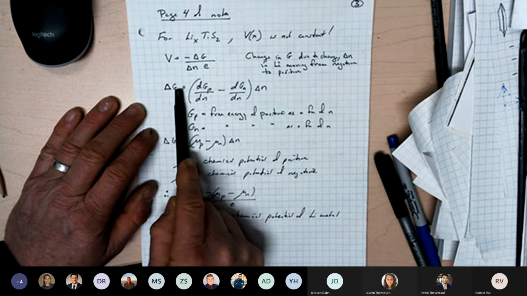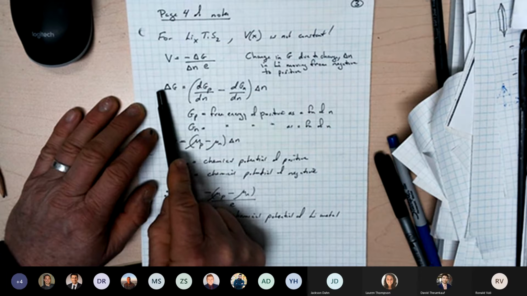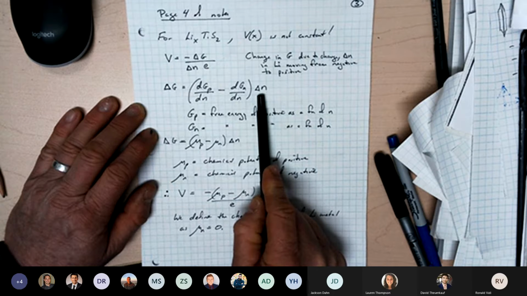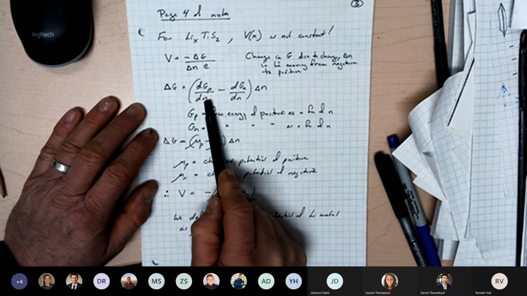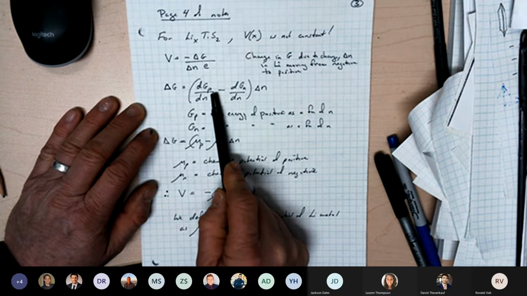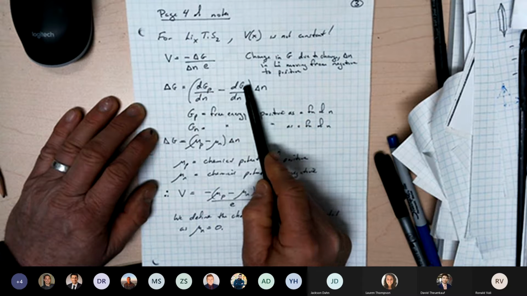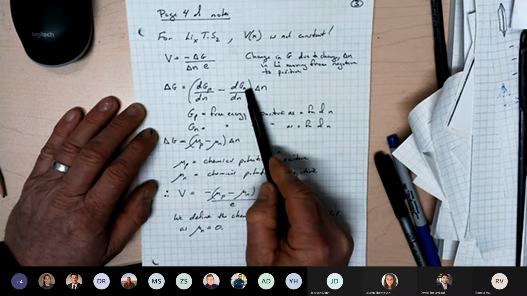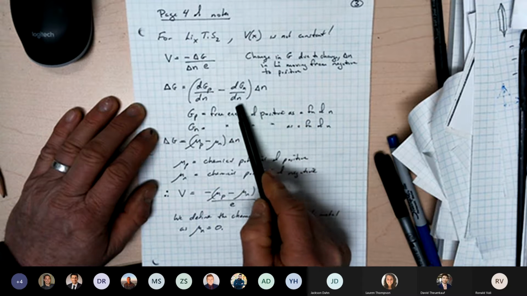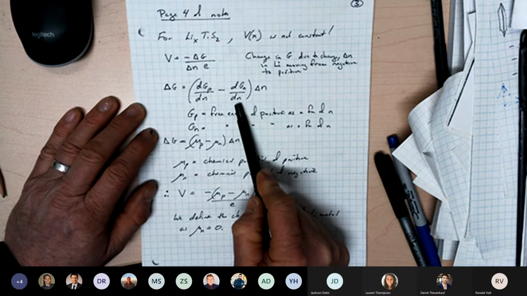So you can write the change in free energy that takes place due to a small change in the amount of lithium moving from the positive to the negative in terms of the derivative of the free energy of the positive electrode with respect to the amount of lithium in it, minus the change in the negative electrode free energy with respect to the change of the amount of lithium in it.